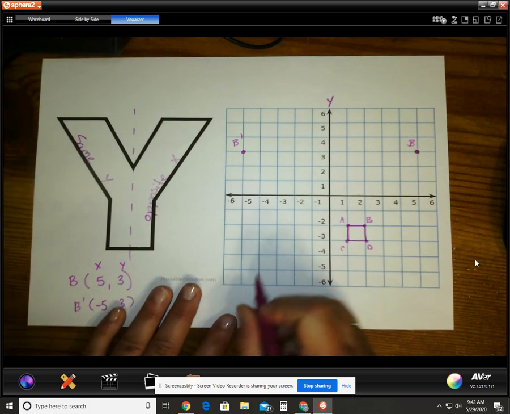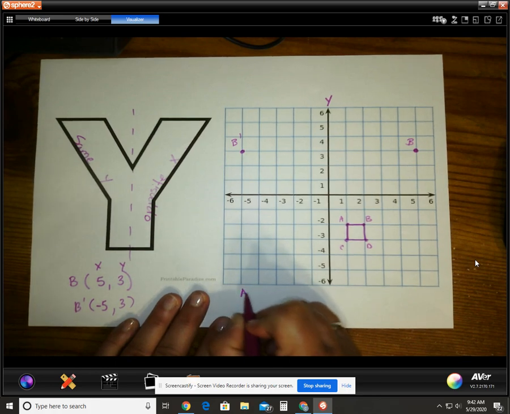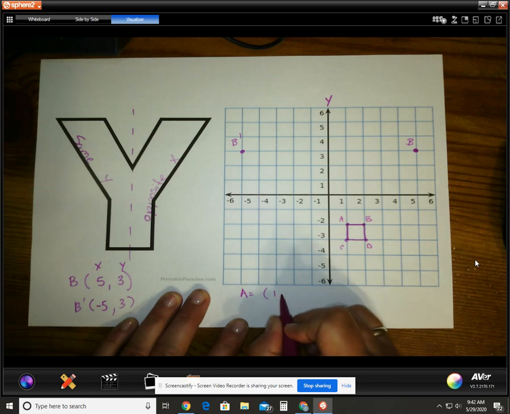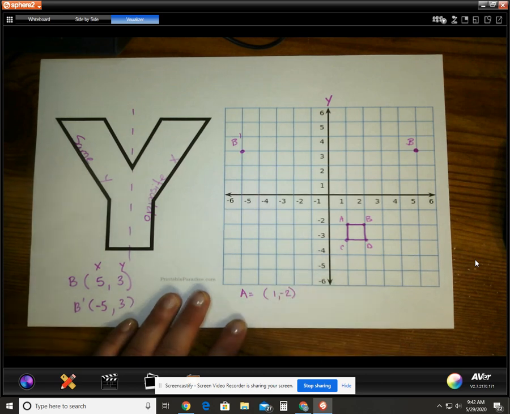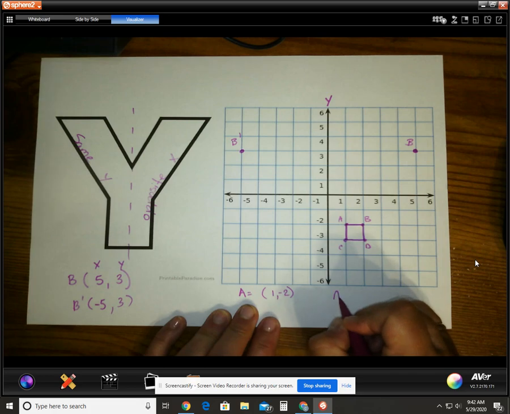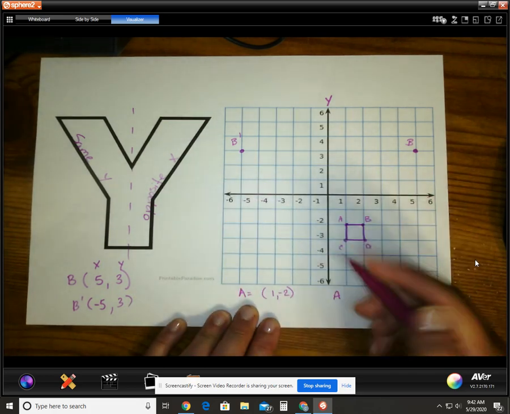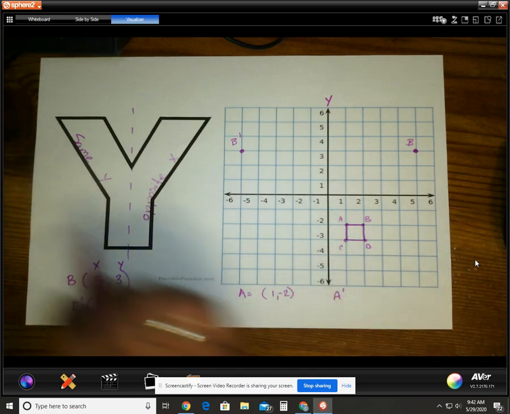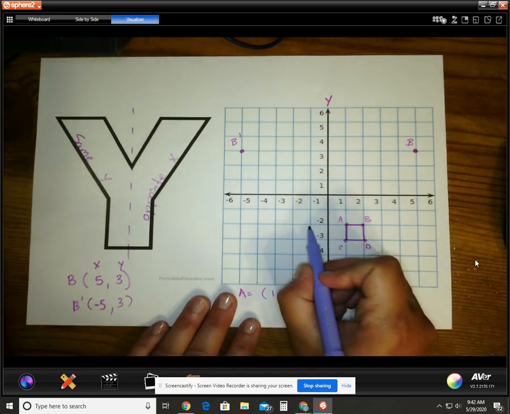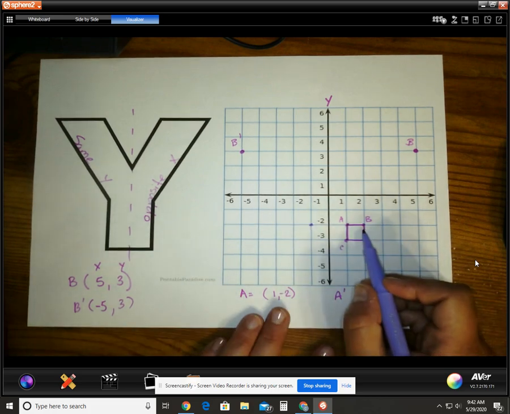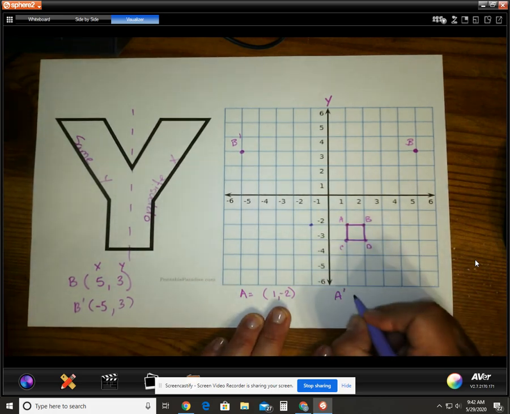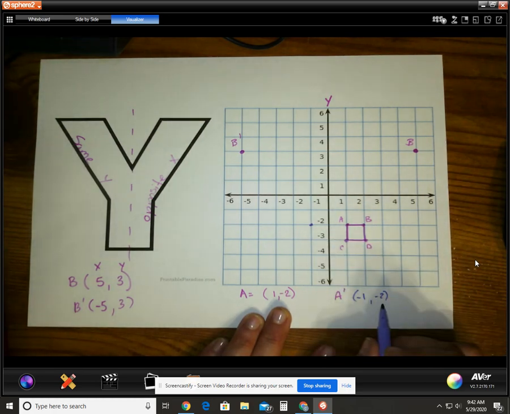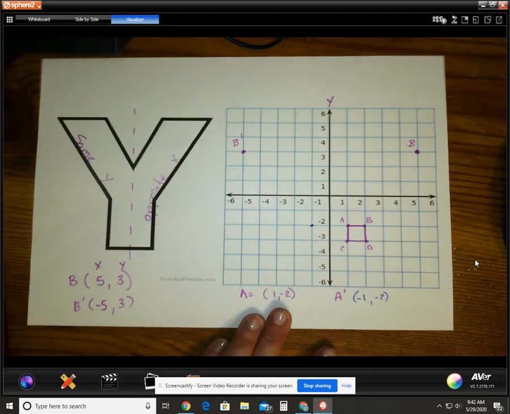So if I know my original square, point A is at 1, -2. Then I know if I'm going to reflect this over the y-axis, that my A prime, the reflection, should be over here. So if I'm reflecting over the y, I'm going to keep the y, and that's going to give me -1, -2, because I flipped it over that way.